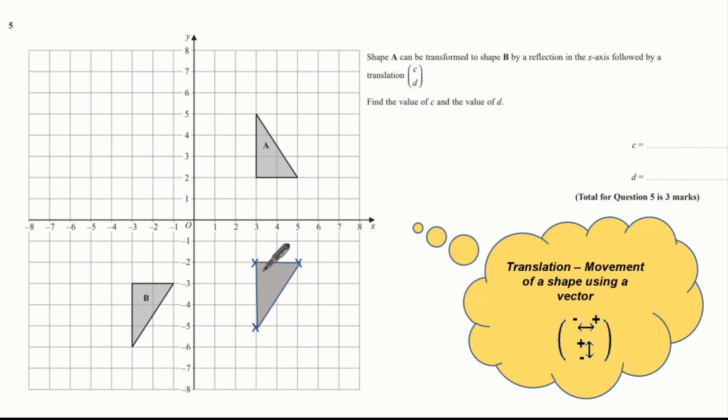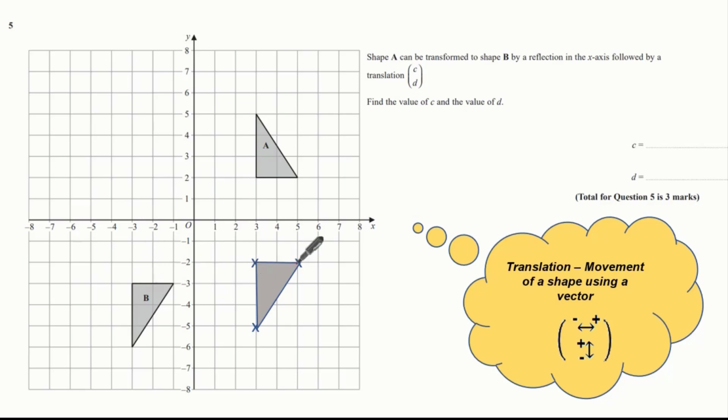Now what I have to do is identify the vector for when I move the reflected image to shape B. So you can pick any corresponding corner. I'm going to pick this one. So counting carefully and noting the direction, I've gone 1, 2, 3, 4, 5, 6 to the left and 1 down.